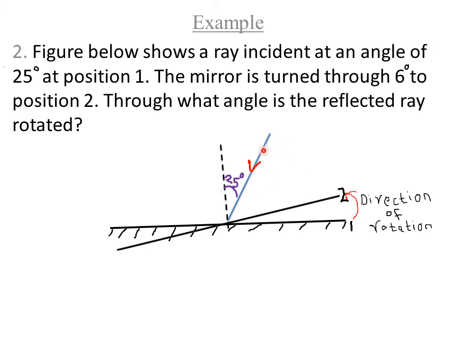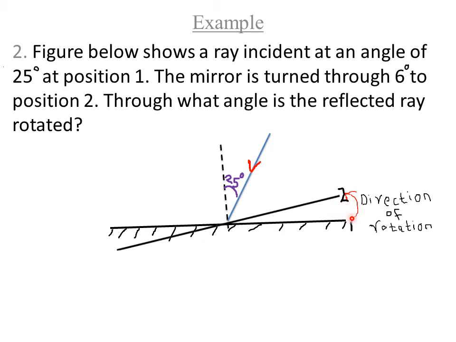So if this is our incident ray, remember the reflected ray will come somewhere here in this direction through the same angle of 25 degrees, because the angle of incidence will always be equal to the angle of reflection. So if I'm turning this by 6 degrees, that is the angle here from 1 to 2 is 6 degrees.